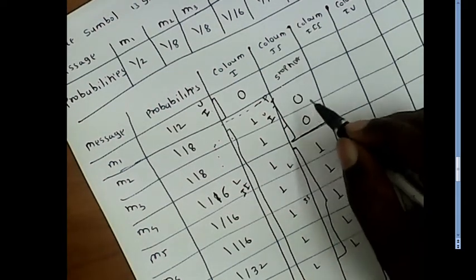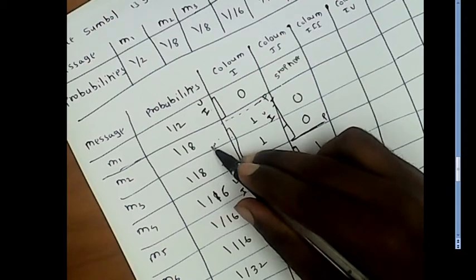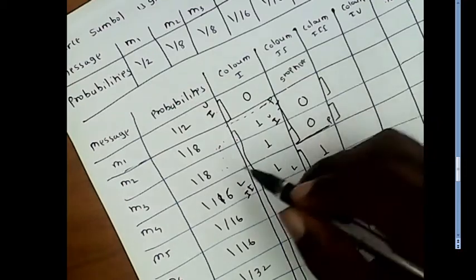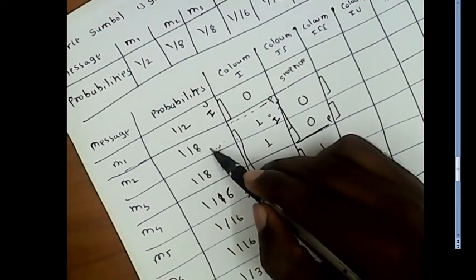In the third step, we can see here again there is a possibility with M2 and M3. So we can divide M2 and M3 into two sets with equal probabilities.